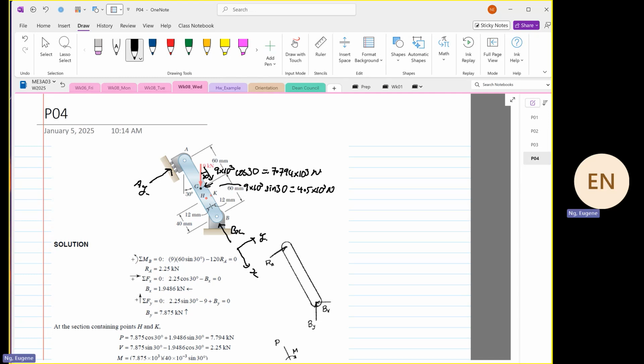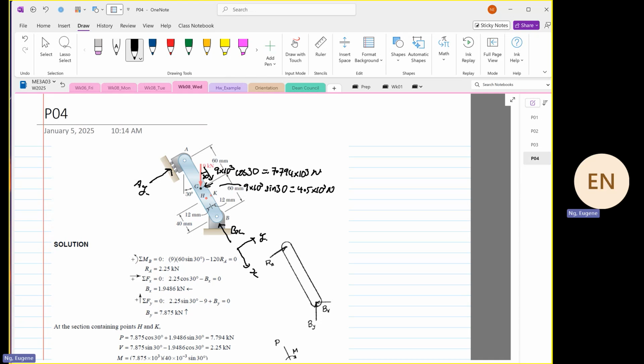How about BY? Up or down? Okay. So what he just did is he envisioned moment.